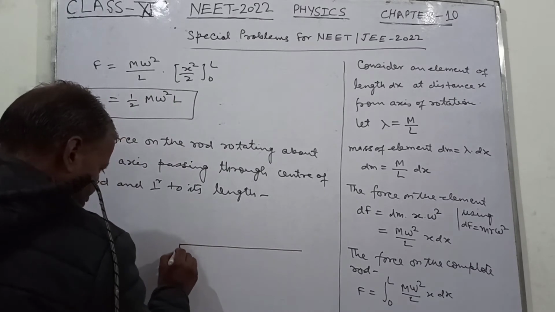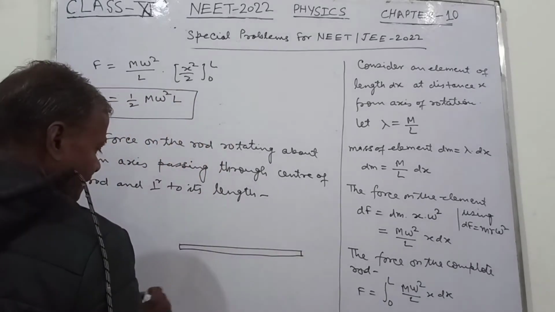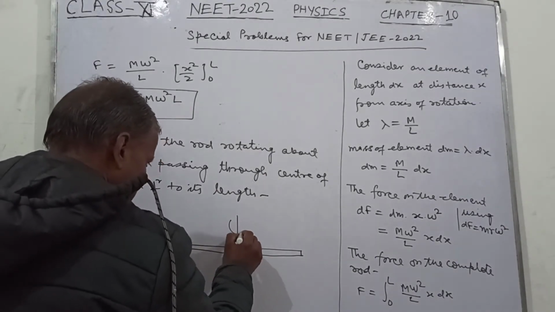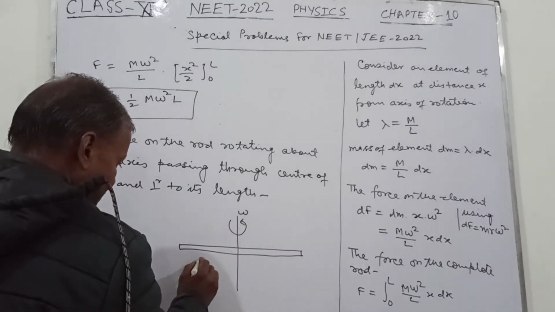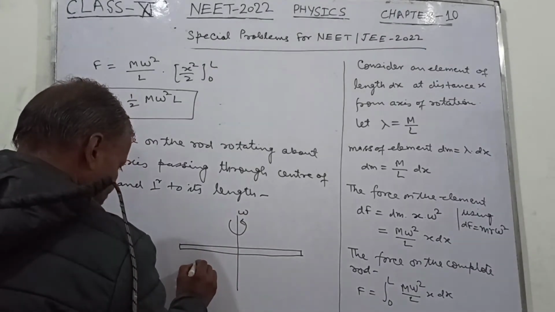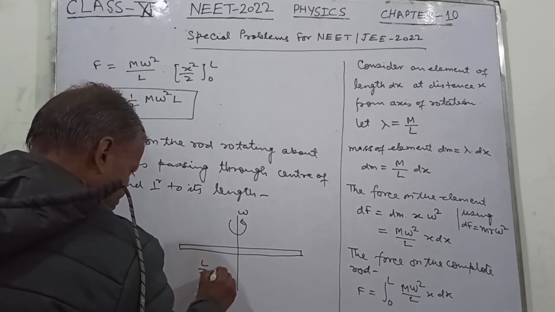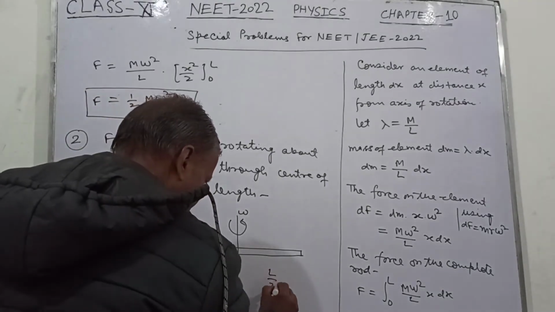This is the rod, and this is the axis of rotation. This is rotating like this. So this is the center. It means that this distance is L by 2, and this is also L by 2.